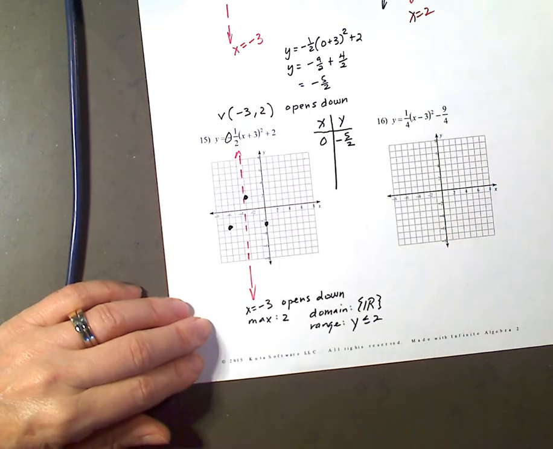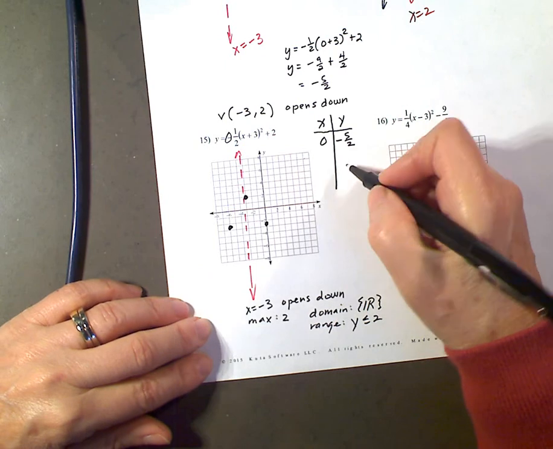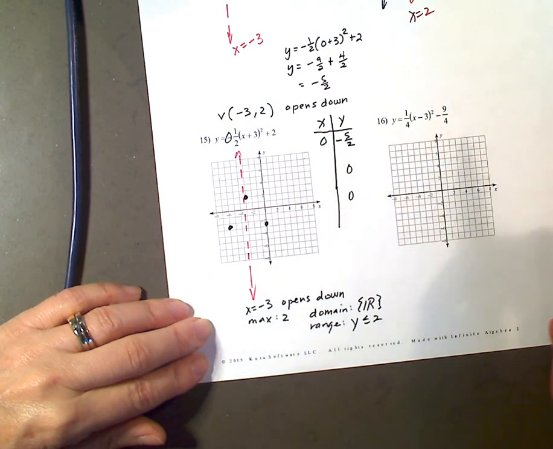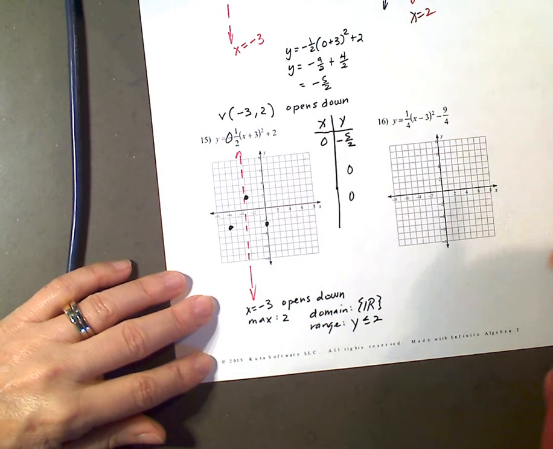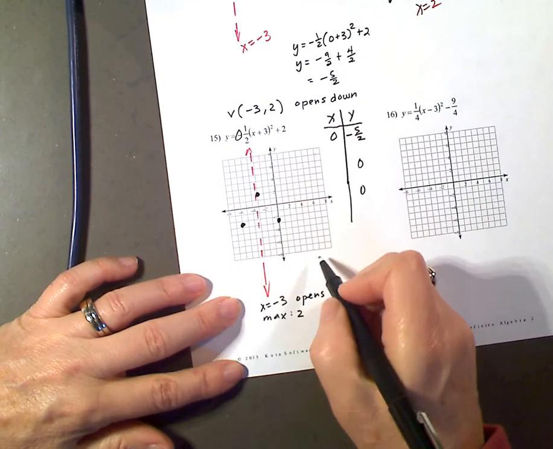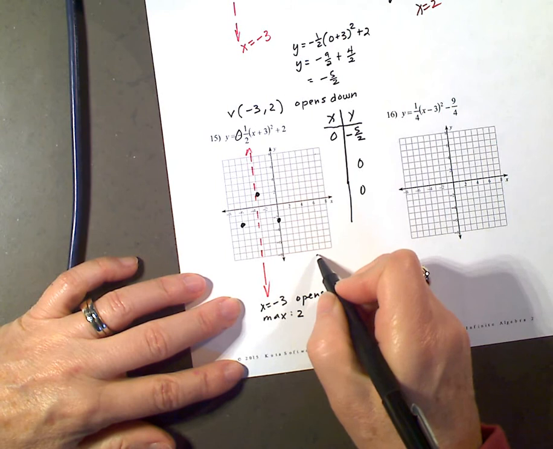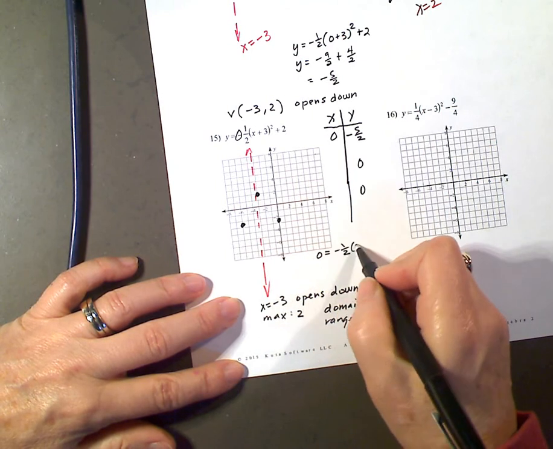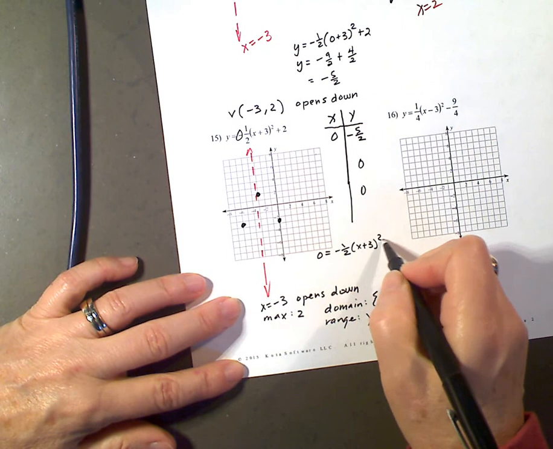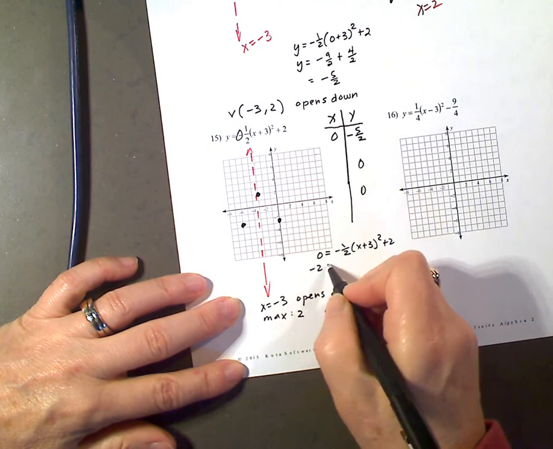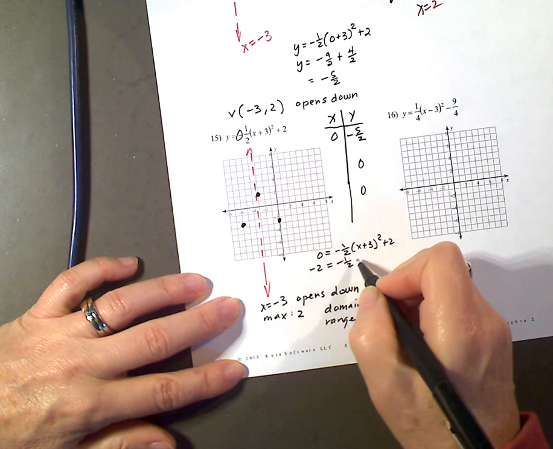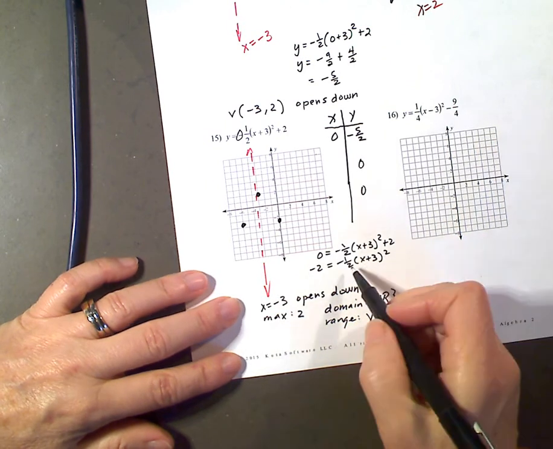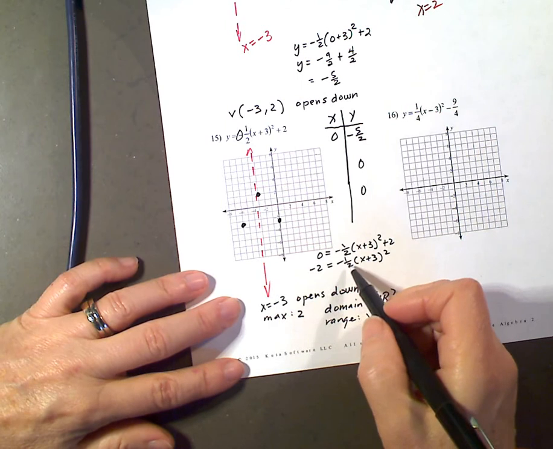And then my x-intercepts, I'm going to set y equal to 0. I'll have 2 zeros. And solve. So I'll do that down here. 0 equals -1/2 times (x plus 3) squared plus 2. So subtracting 2. Multiplying both sides by -2.